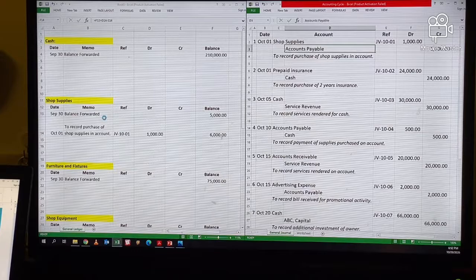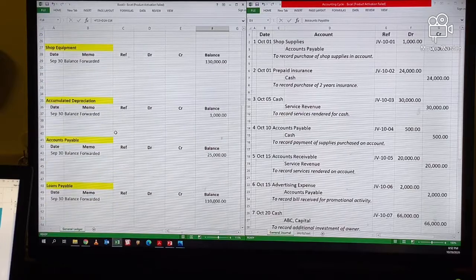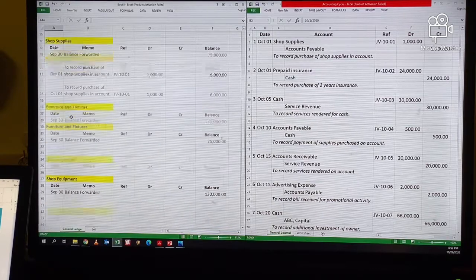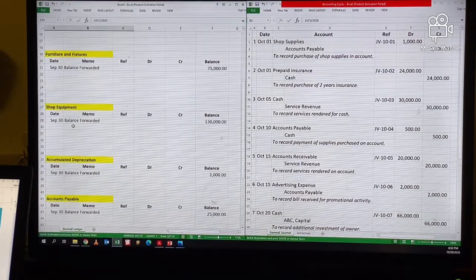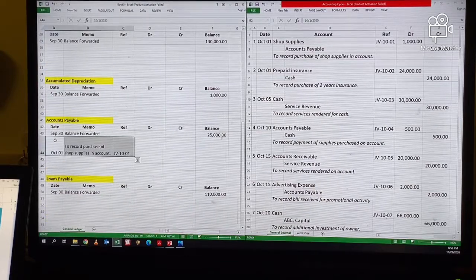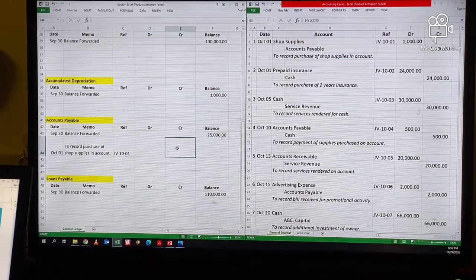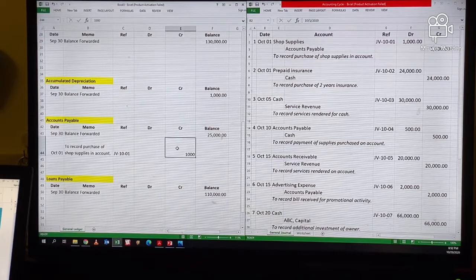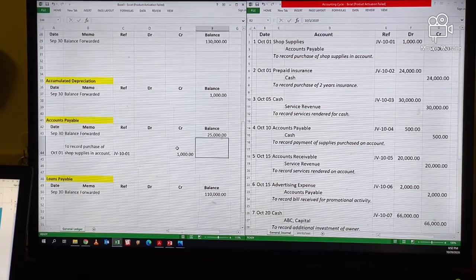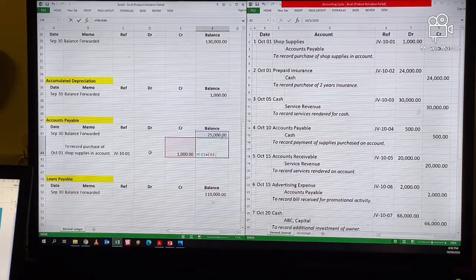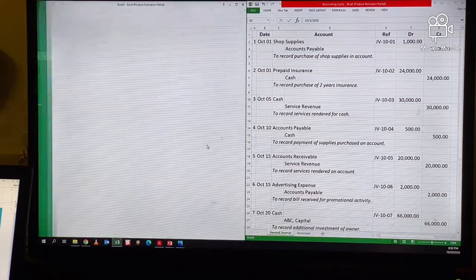Next, let's proceed to accounts payable. Find the GL of accounts payable, or get the page of accounts payable again. You write the date, the memo, and the reference. It's a credit, so you put it in the credit column. Since accounts payable normally has a credit balance, any credit is an increase, so you add it. A debit reduces it. That's its normal balance.